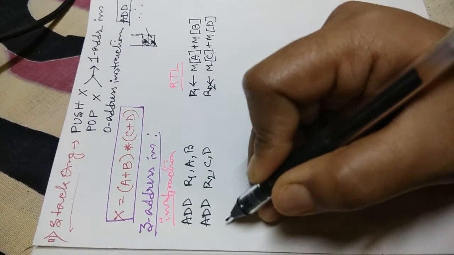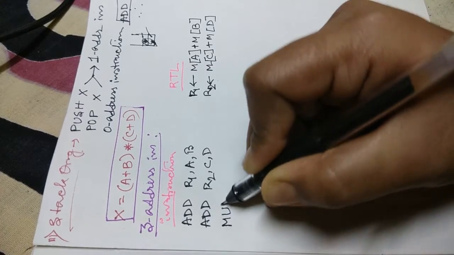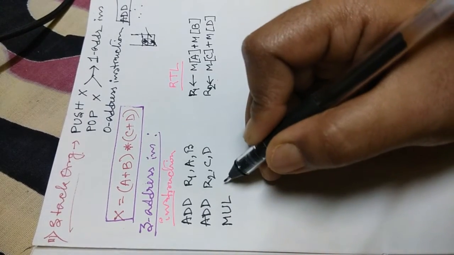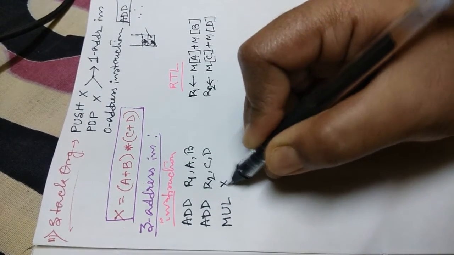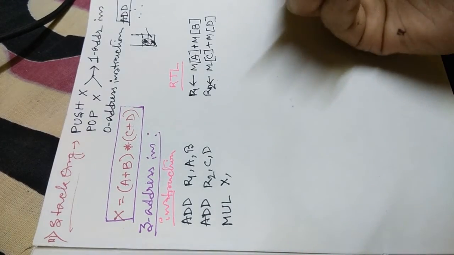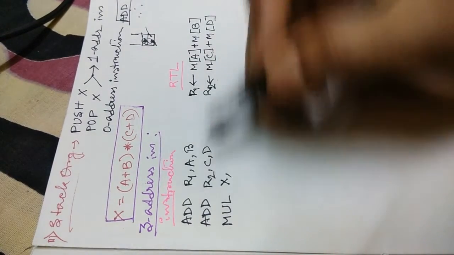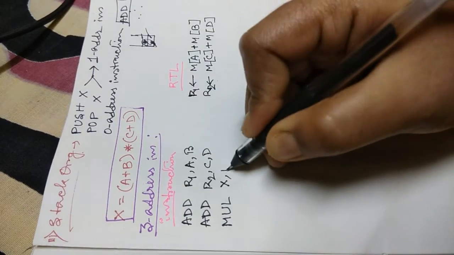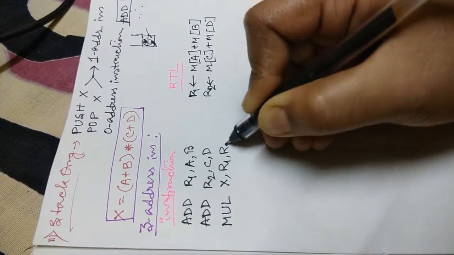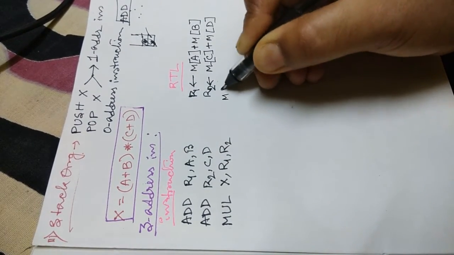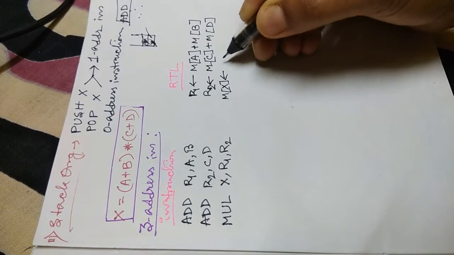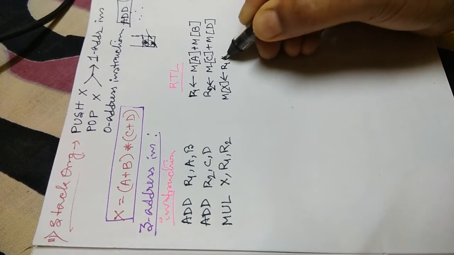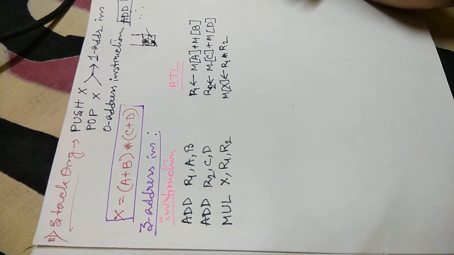So MUL, multiplication, destination is X this time, and we are multiplying R1 and R2. That means M of X contains R1 multiplied by R2. Clear?